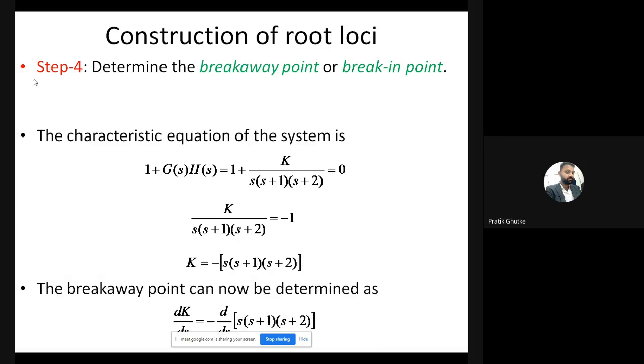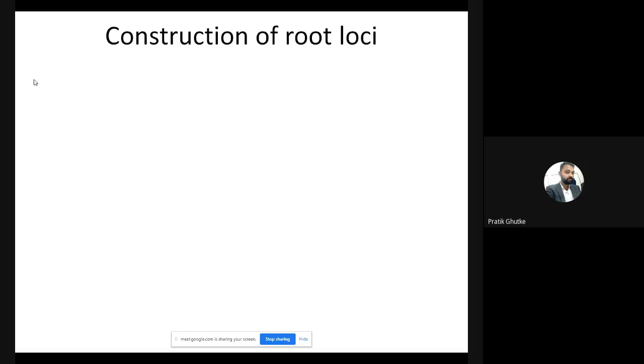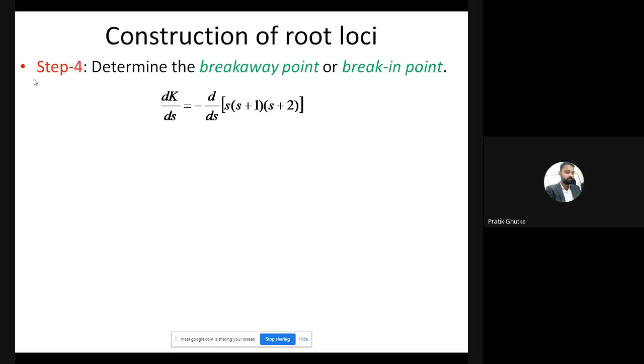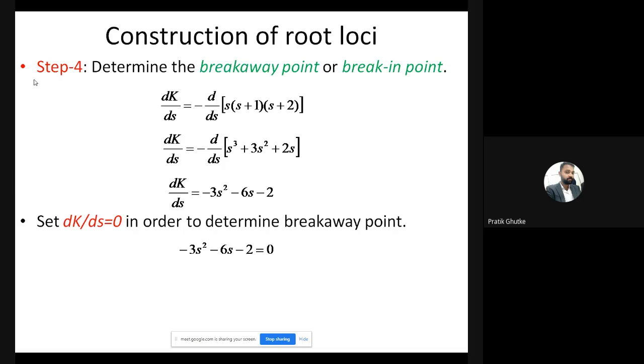Now I will do the first derivative, dk/ds. By solving this equation, I will get the two breakaway points. For this equation, set dk/ds equals 0. In order to determine the breakaway point, my equation is minus 3s square minus 6s minus 2.